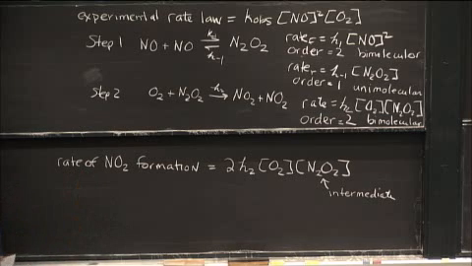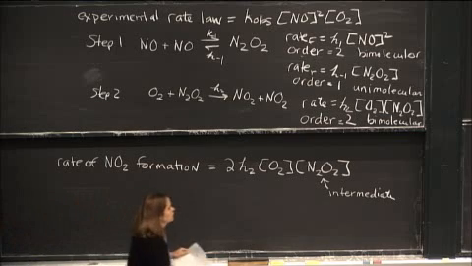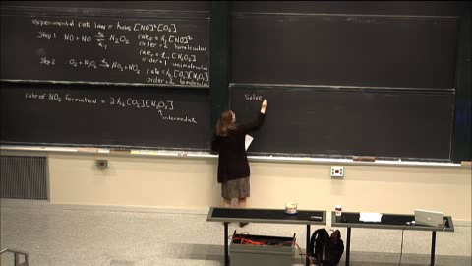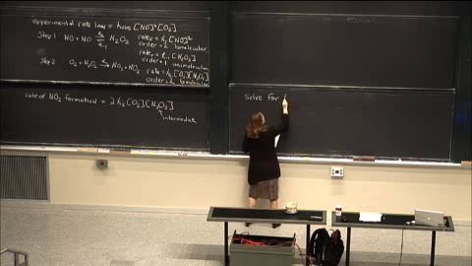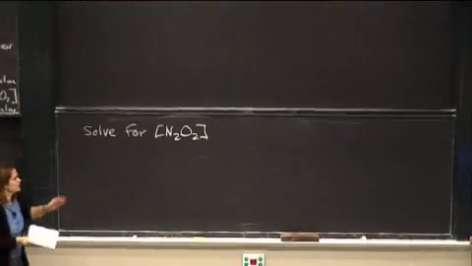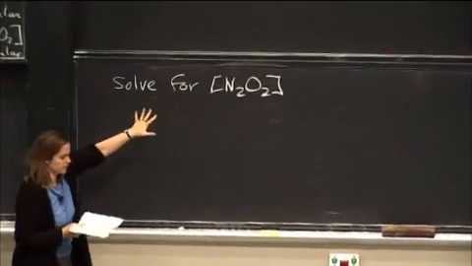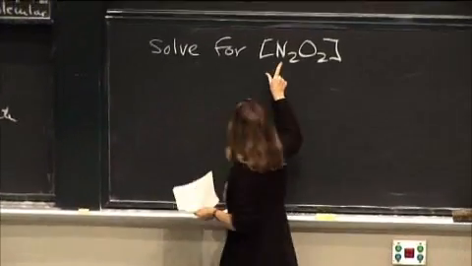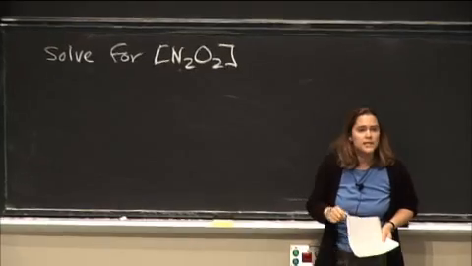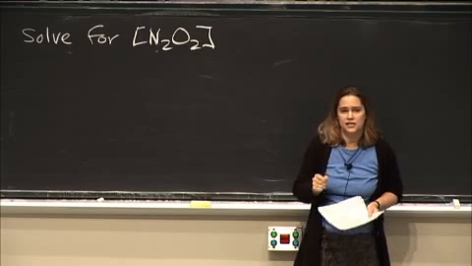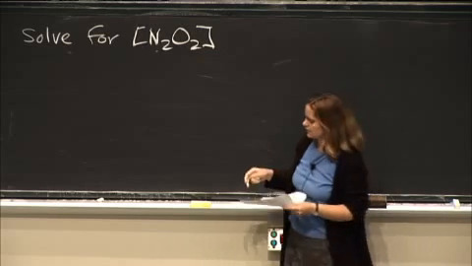So we need to solve for the concentration of N2O2 and substitute that into our equation. So we need to think about how this intermediate is formed, and how the intermediate is decomposed, and how this intermediate is consumed.